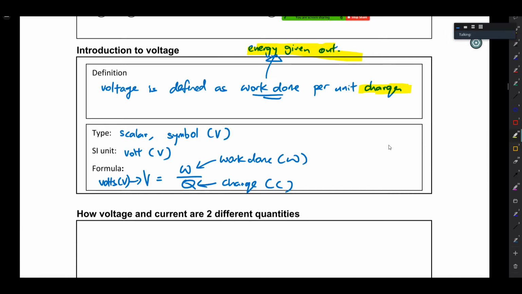In fact, can you write here: energy given out or taken in? There are 2 forms. For the electrons in the wire, they'll be giving out energy. For the electrons inside the battery, they'll be taking in energy. That's how it works out.